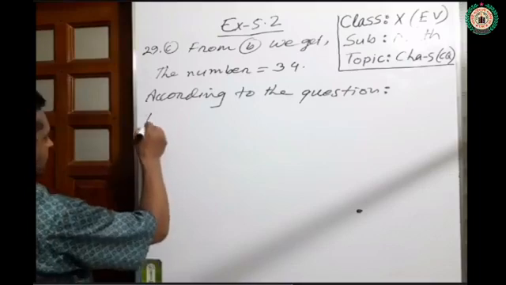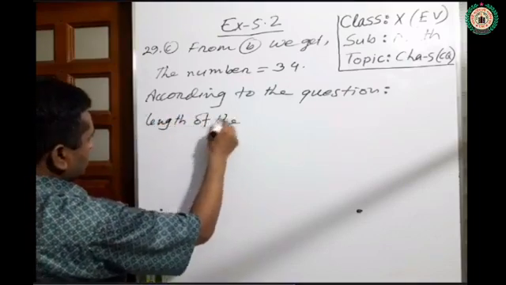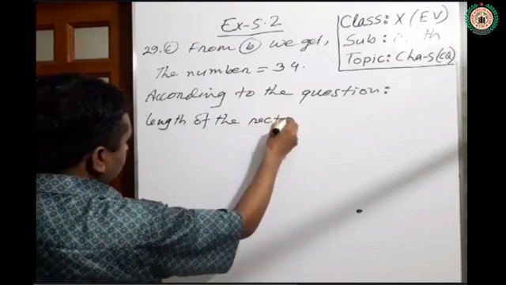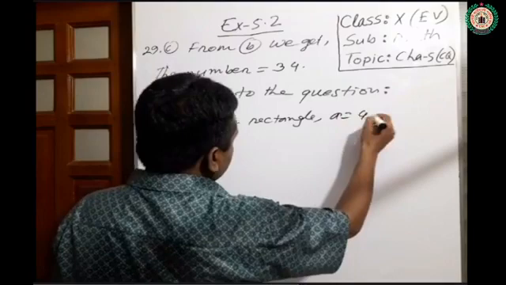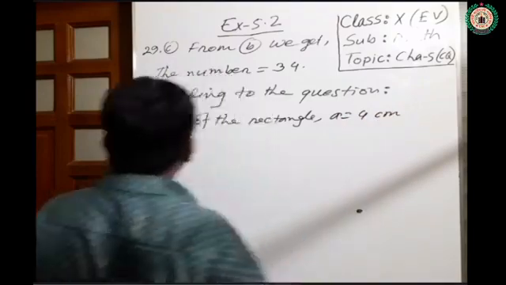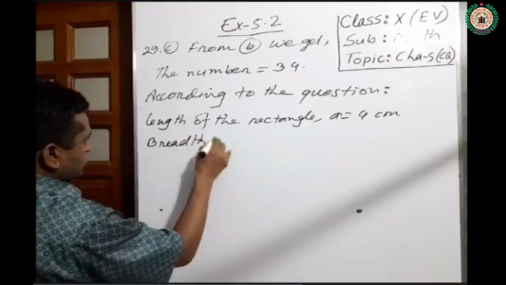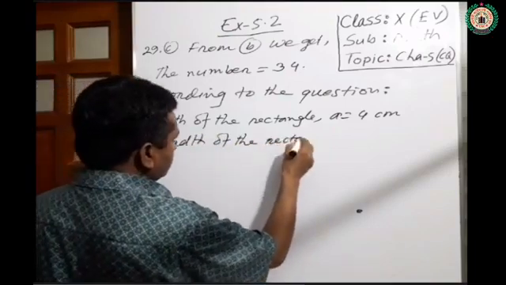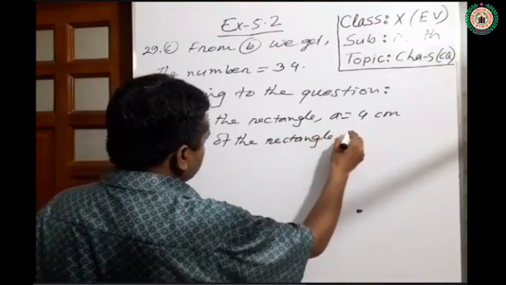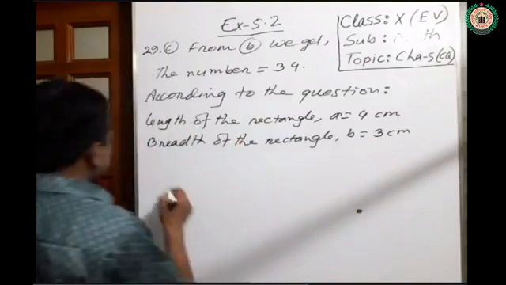That's why length of the rectangle equal to 4 centimeter. Breadth of the rectangle, B equal to 3 centimeter.